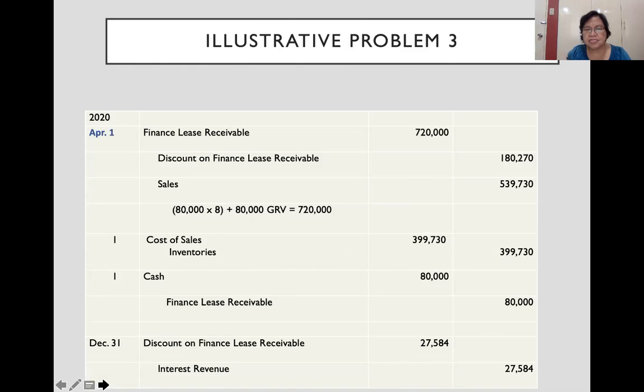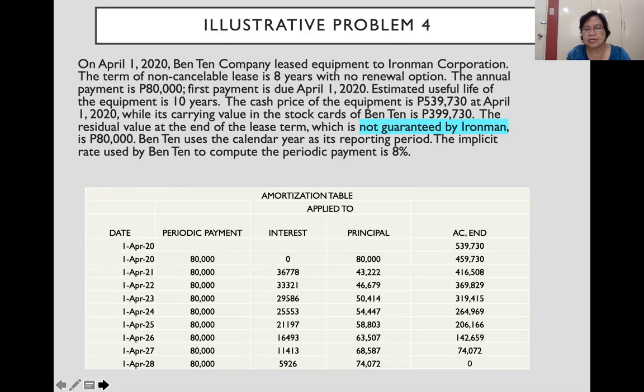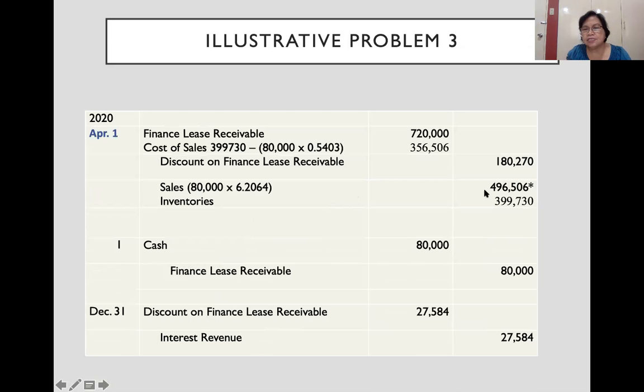Whereas if the residual value is unguaranteed, the sales that will be recorded here will only be the present value of the rental payments excluding the residual value.